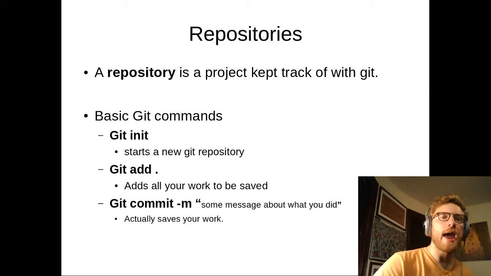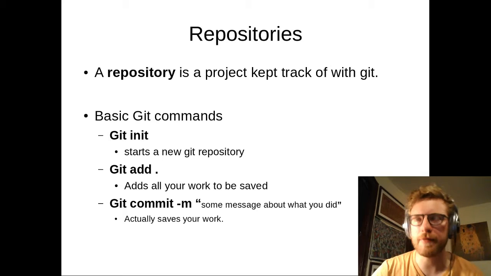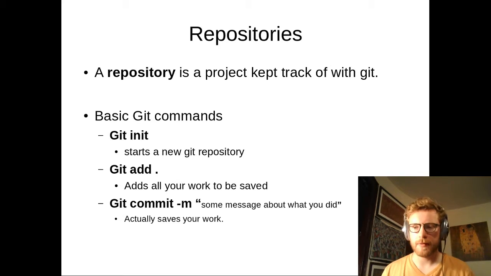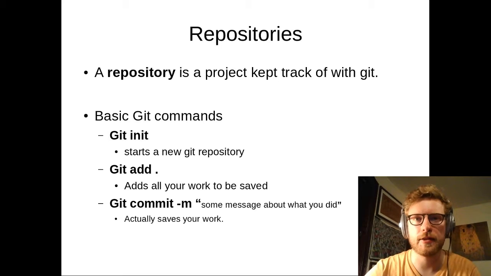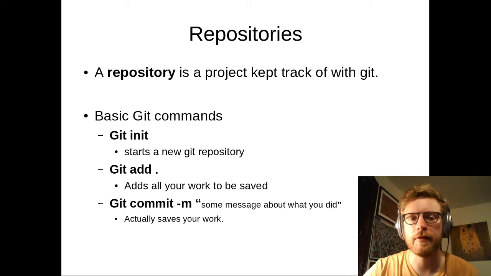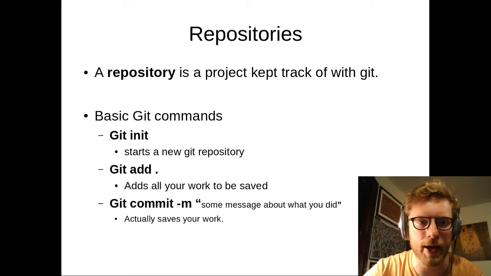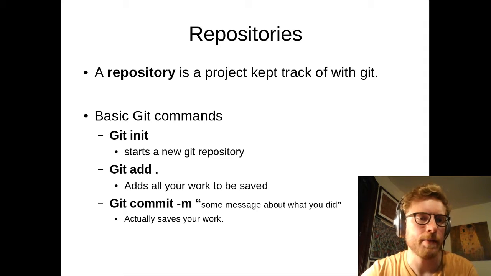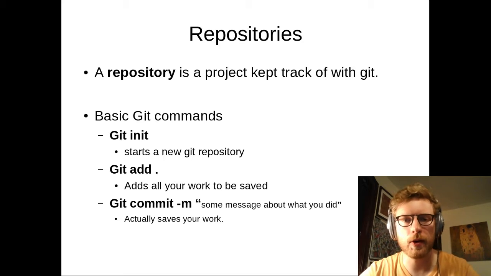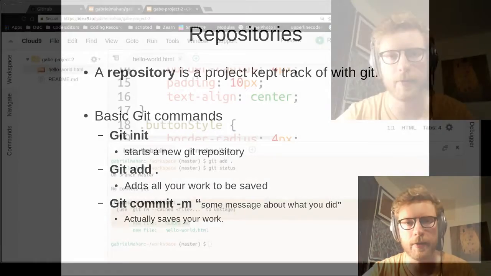But just by adding the files, I haven't actually saved them, you could think of it. I've only sort of kept track of them in this tracking file where I've selected the files I want to be saved. The final command is git commit -m, where after the m, in quotes, you give some sort of message about what you did.